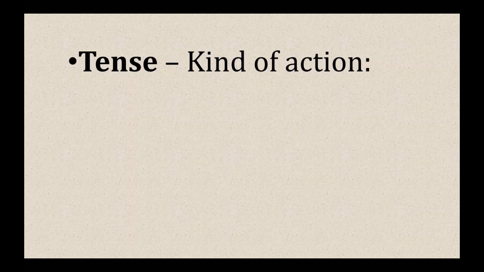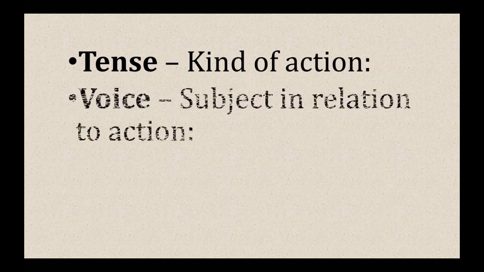So I don't know if this is in your notes, but this is basically the simplest definition, if you want to memorize the definitions for these. Tense deals with kind of action. Voice deals with subject in relation to action. And mood deals with the reality of action.